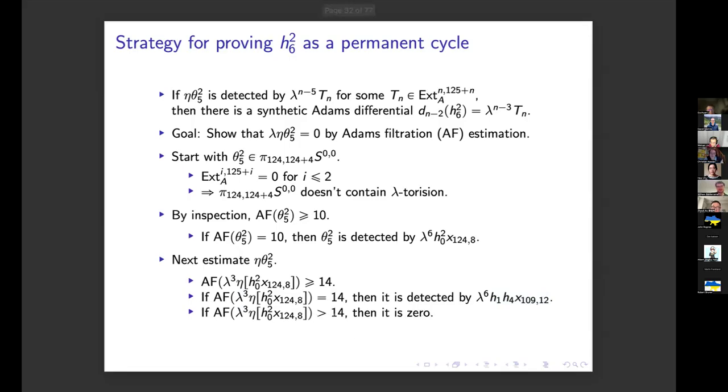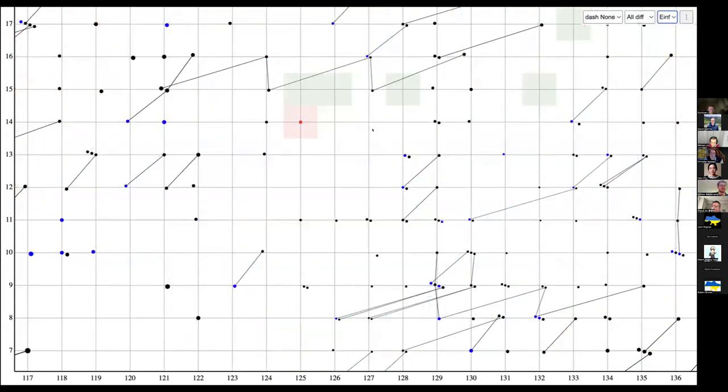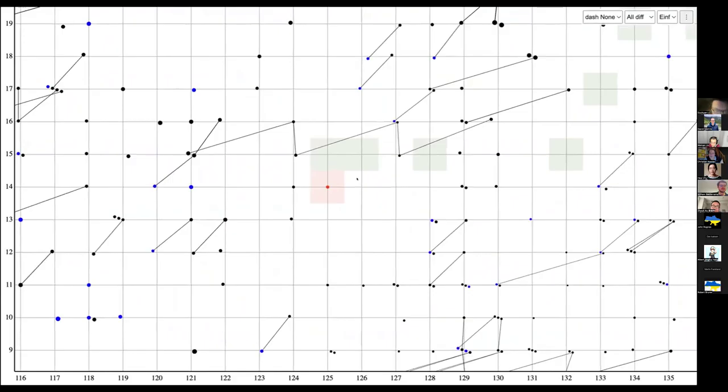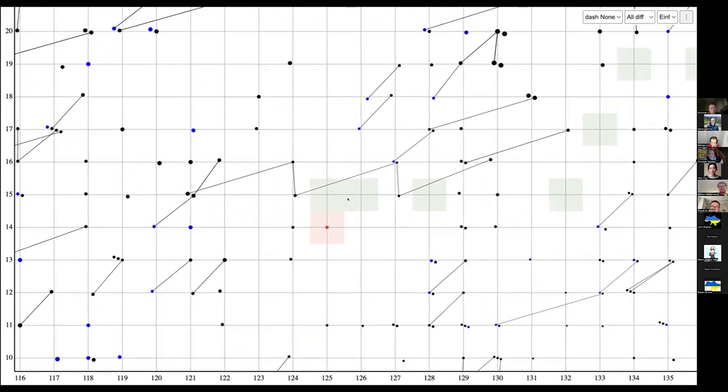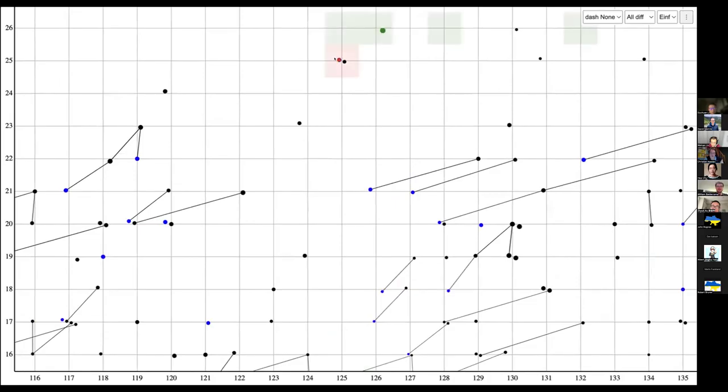And when it is above 14, then it is 0. So again, I have to adjust for all the torsion elements, but you can see by inspection that they're not going to interfere with this argument. And if I go beyond 14, there's only this dot in TMF. Sorry, this dot is in TMF.